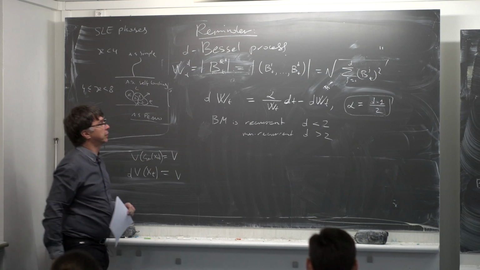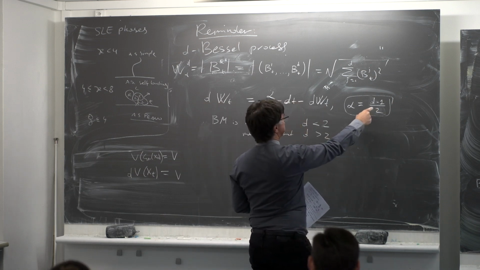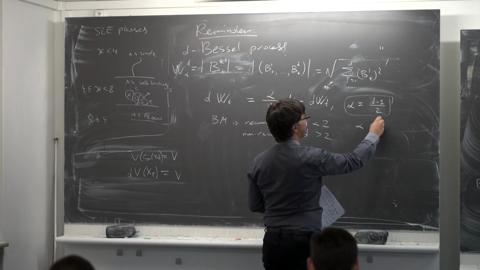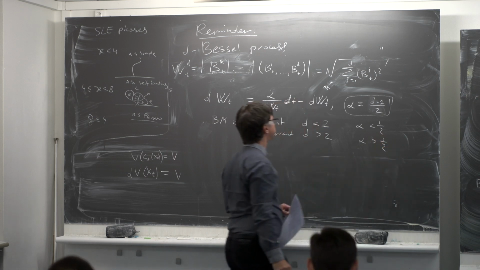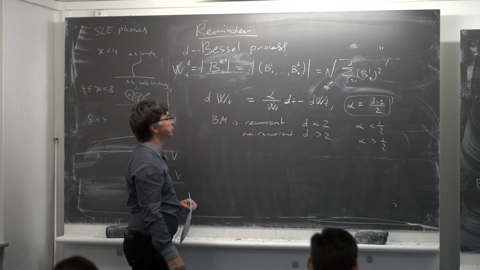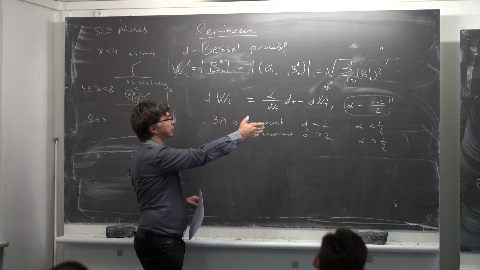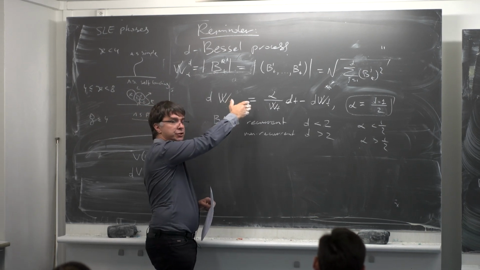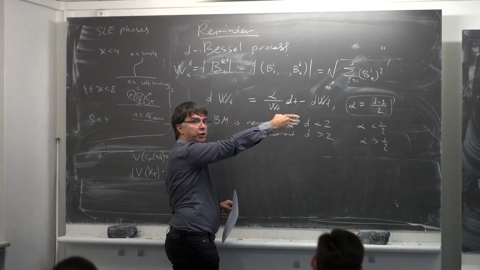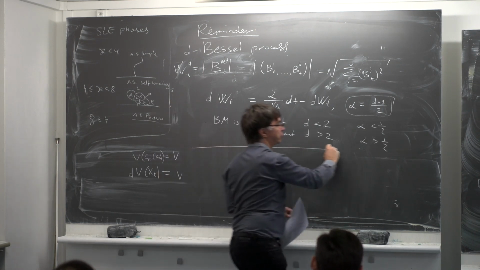So basically for this coefficient, it means alpha equal to 1/2, alpha smaller than 1/2, alpha bigger than 1/2. Basically the Bessel process hits 0 if alpha is small, and it doesn't hit 0 if alpha is large. When alpha is large, this drift repels it strongly enough that you don't hit 0, and when alpha is small, it doesn't.